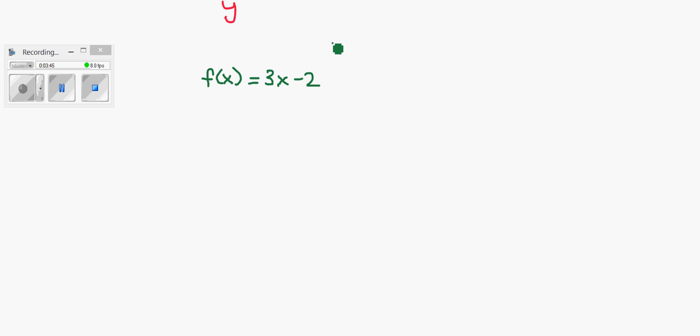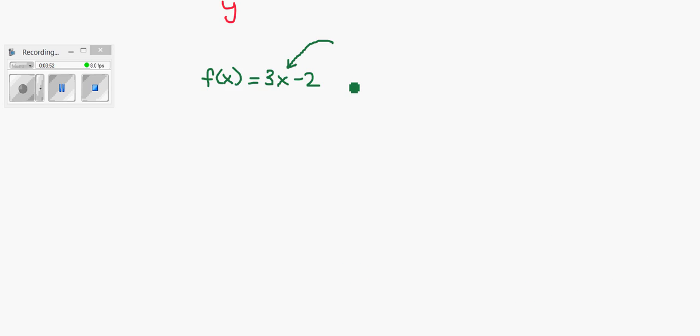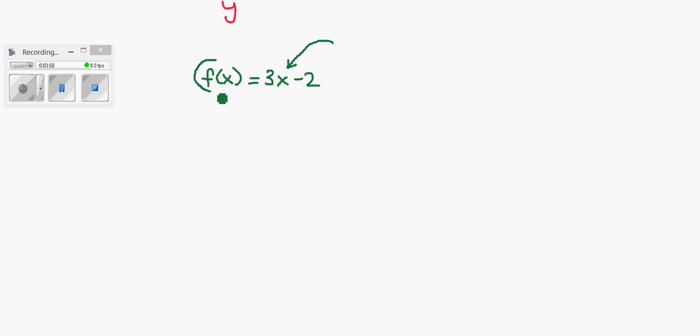And so we know that this is a linear function because this x right here does not have an exponent. So it's not x squared or x cubed, it's just x. And also another reminder that f of x you might also see as y. So we could also write this as y equals 3x minus 2.